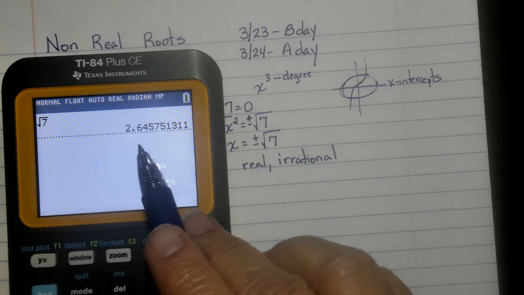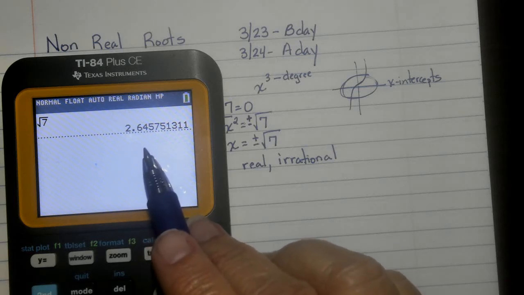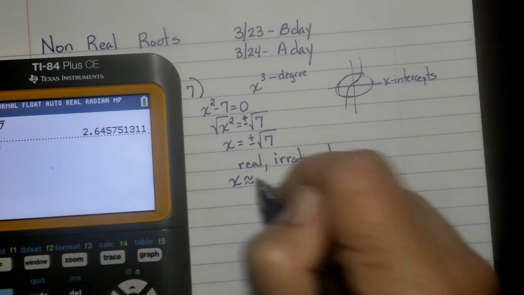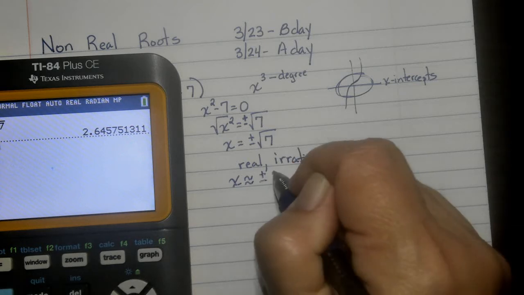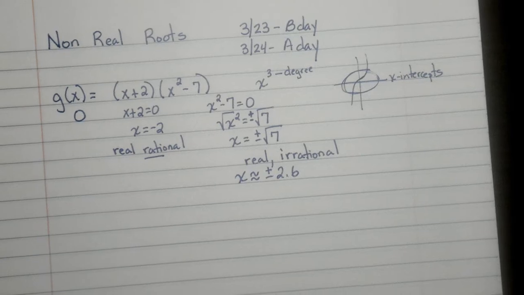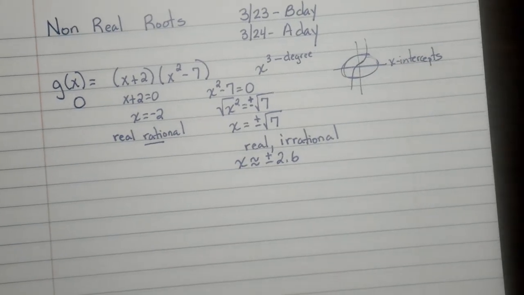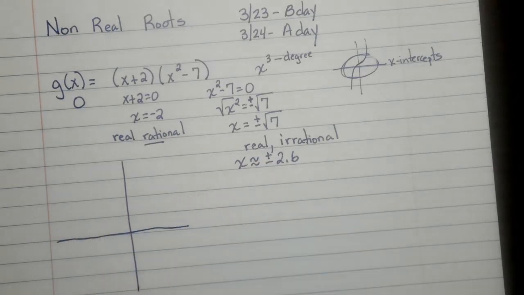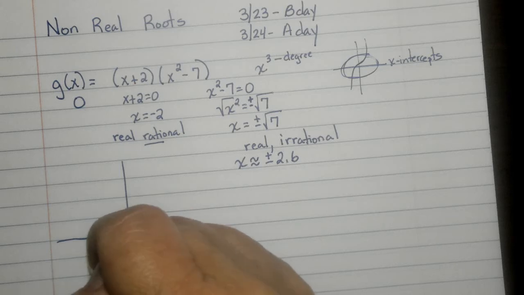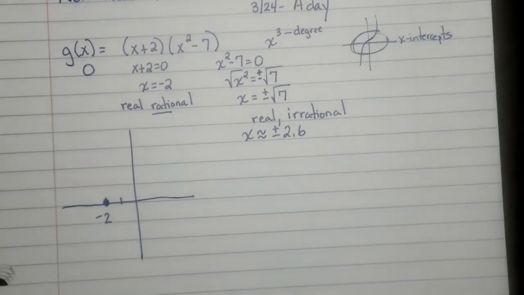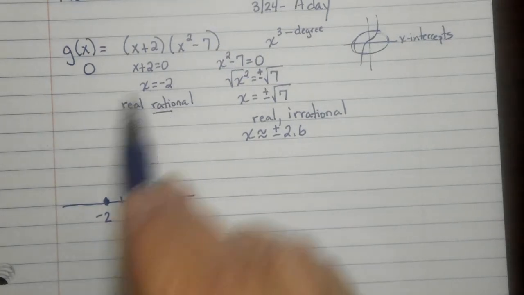But it is a real number, which means we could graph it on the number line. It is approximately plus or minus 2.6. So if I was going to graph my roots for this polynomial, I would be able to do that. I would go to negative 2, and I know that negative 2, 0 is a point on my graph because negative 2 is a root.